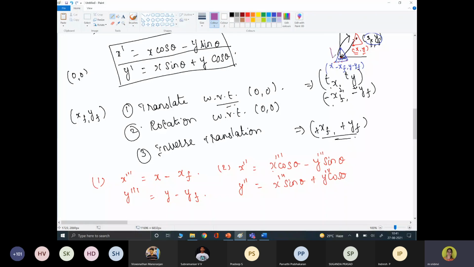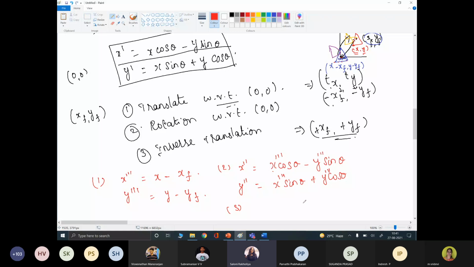When you rotate it, maybe it is rotated like this. After replacement, you get the output as this. This is with respect to the given fixed point. So the third step, it's clear, no?